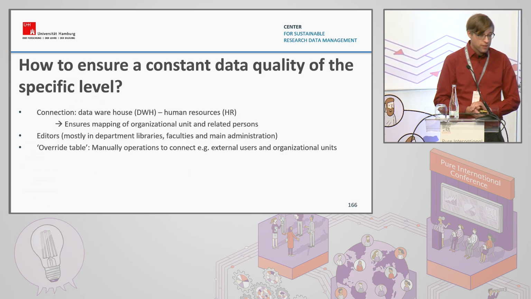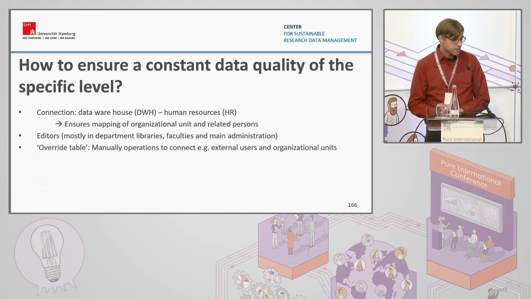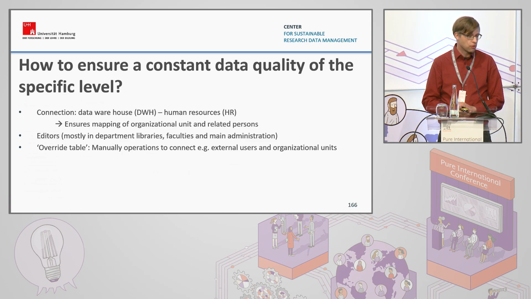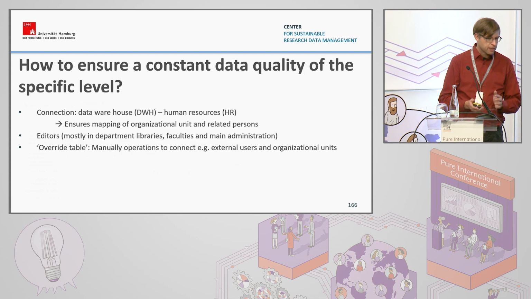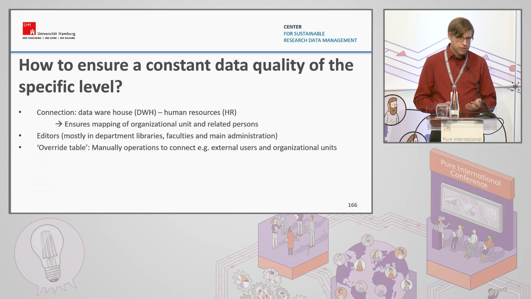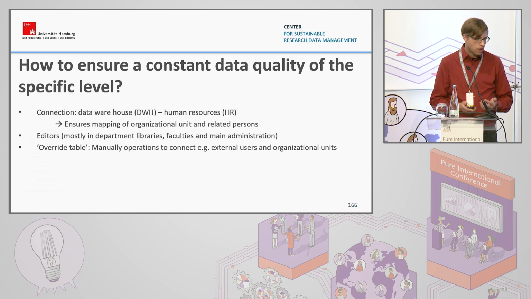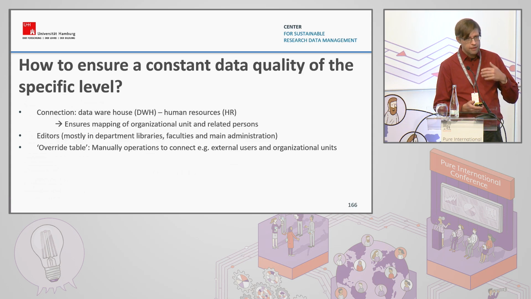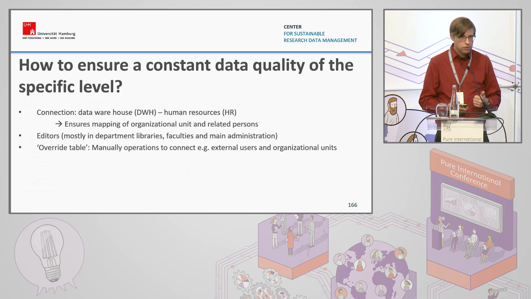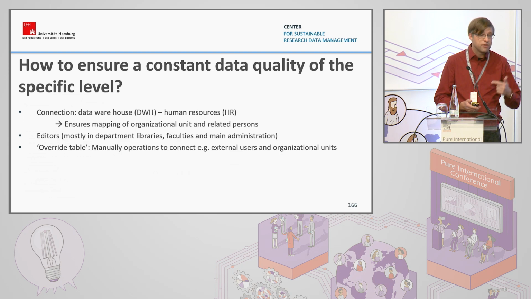One question which is always on our mind is how to ensure a constant data quality of the specific level. At first, we connect the data warehouse and the human resource system to our CRIS, and this ensures at first an automatic data flow, and of course some pre-controls in these feeding systems.